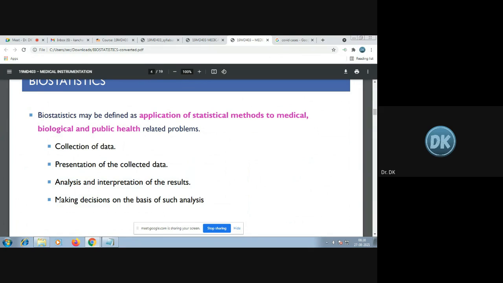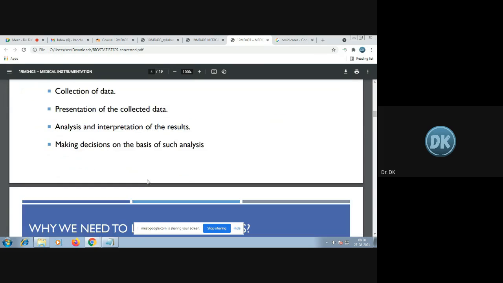Over the past 2 years, the lockdown was based on this data, right? Whether there is a strict lockdown or a partial lockdown, the government decides based on this data. So in biostatistics, we collect the data, present the data, analyze and interpret the data, and make decisions based on such analysis. Okay, so that is biostatistics.